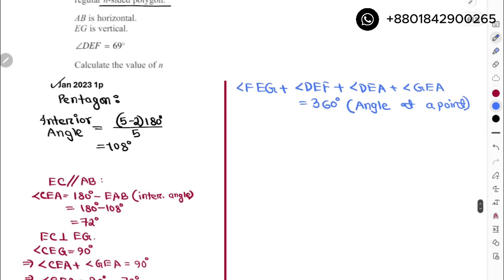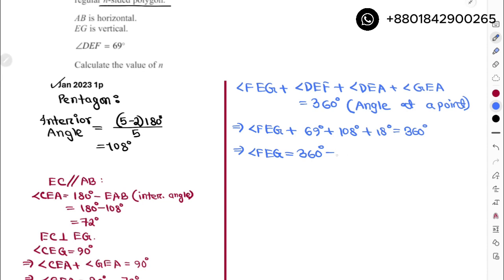At this part again, now we identify that FEG was the interior angle. All the other angles were 69 degrees, 108 degrees, 18 degrees, and that is equal to 360. After that, angle FEG is going to be 360 minus the combination of these angles, which is 69, 18, 108, and that is 195.